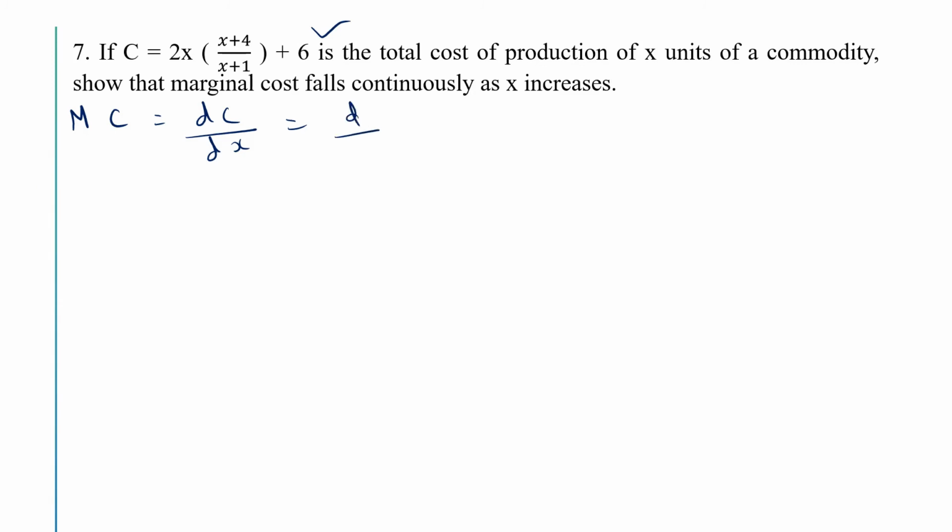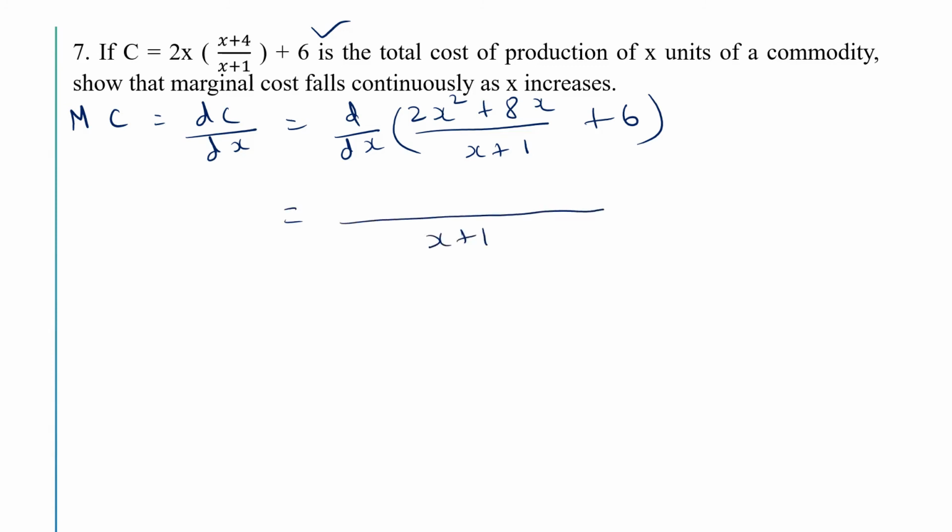So it is equal to derivative of, let us write this as (2x square plus 8x) divided by (x plus 1), plus 6. So this is equal to (x plus 1) the whole square.